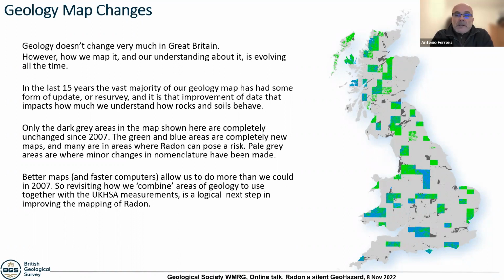Pale gray areas are where minor changes in nomenclature have been made. Better maps and faster computers allow us to do more than we could in 2007. So revisiting how we combine areas of geology to use together with the UKHSA measurements is a logical next step in improving the mapping of radon.